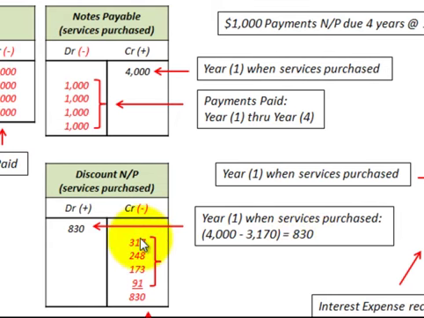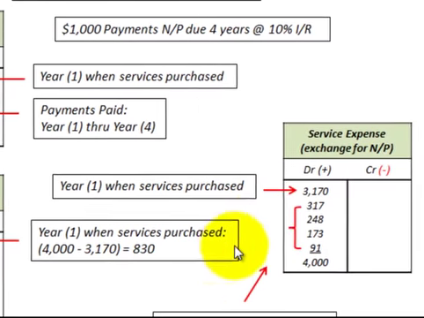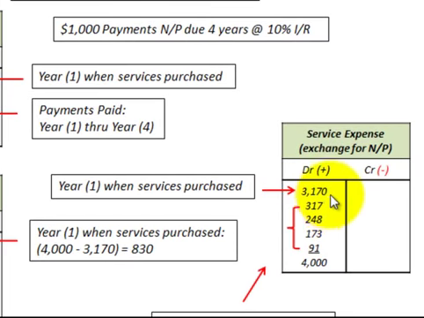So each year we reduce the discount on the notes payable here by the amount of interest expense we paid. So we record our interest expense here as a credit to discount on notes payable, and then the associated debit entry would be an increase here in our service expense for those interest payments we make each year.